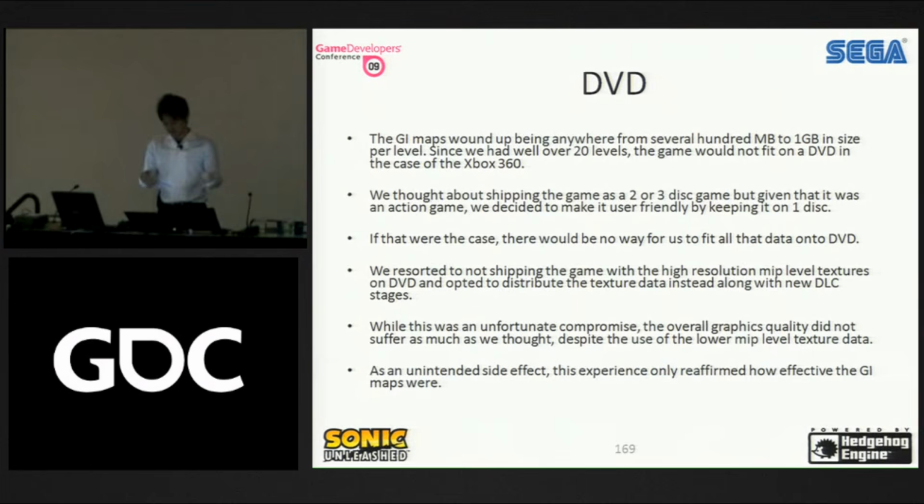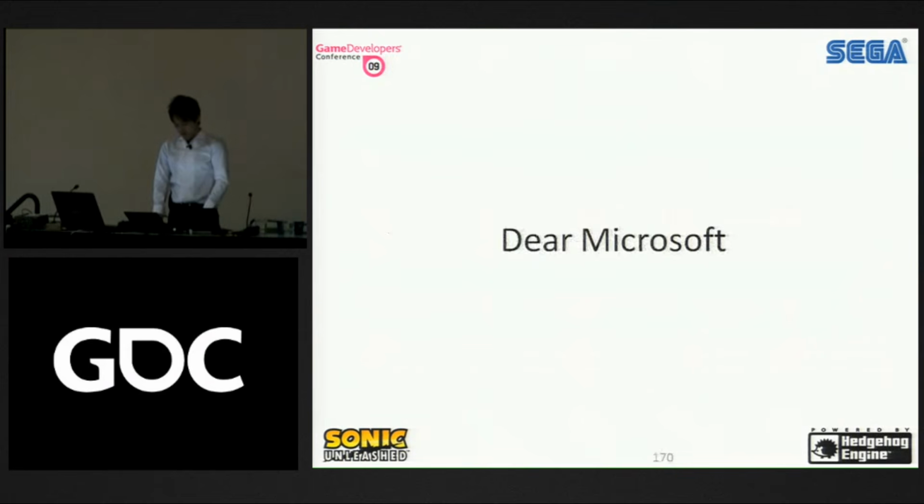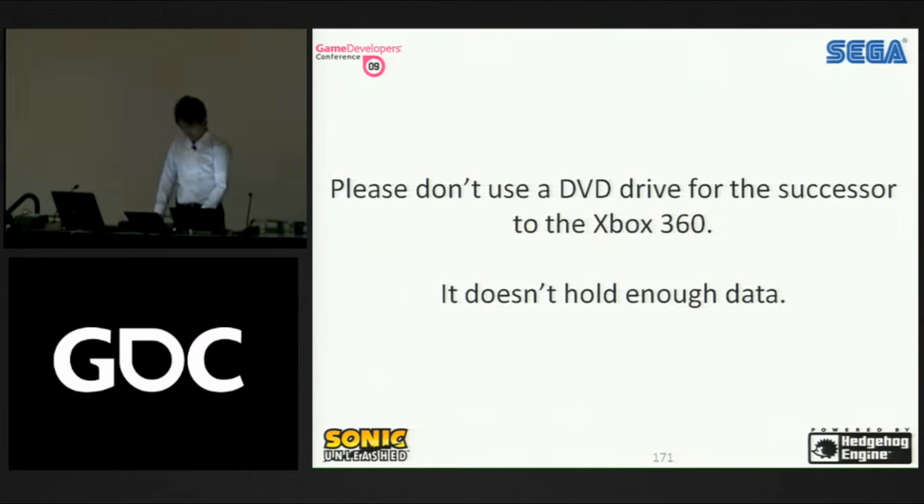Rather than putting the high resolution MIP on the DVD, we decided to include only the lower resolution information on the DVD. And unfortunately, we don't feel very happy about this. But even with low resolution MIP, it actually didn't really lower the quality. Actually, this really brought home the value of the power of GI.